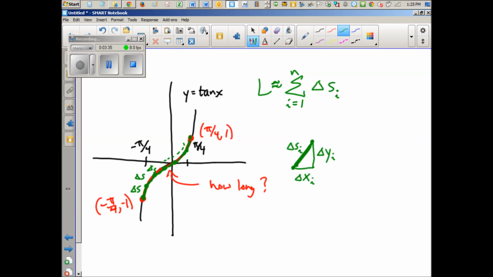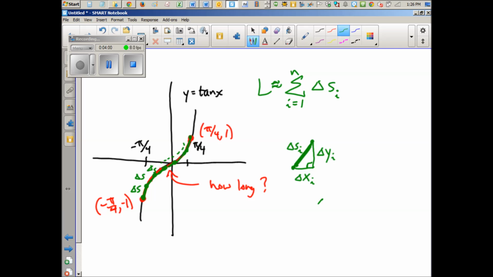Okay, so delta x, delta y, and there's a delta S. Now, what formula comes to mind when you see a right triangle and both the legs and the hypotenuse are all labeled? Pythagorean Theorem. Absolutely. So I'm going to write down the Pythagorean Theorem because that's the best tool I have for understanding a triangle. And this is sort of a triangle, the way I've constructed it.